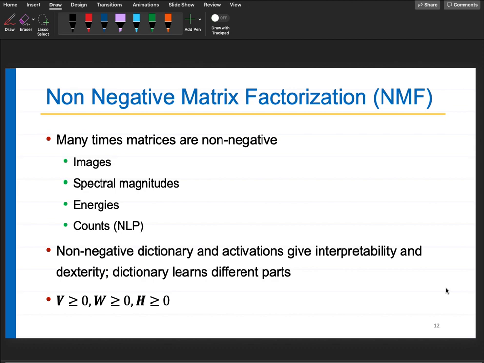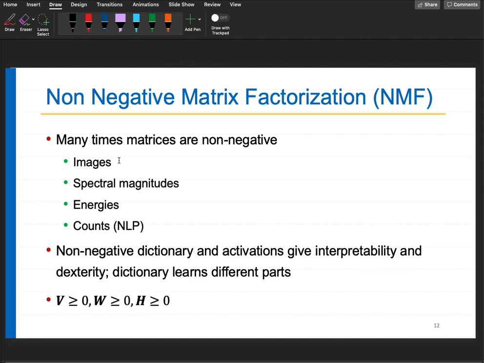So I'm constraining my V to be greater than or equal to 0, W to be greater than or equal to 0, H to be greater than or equal to 0. This is the meaning of non-negative matrix factorization. Where is it useful? It is useful in case of images. As you just saw, images can have values between 0 to 255, which you normalize to, let's say, 0 to 1. So images are non-negative.